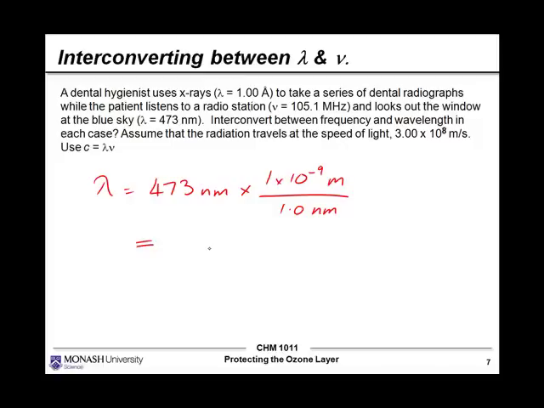This gives us a value of 4.73 times 10 to the -7 meters.